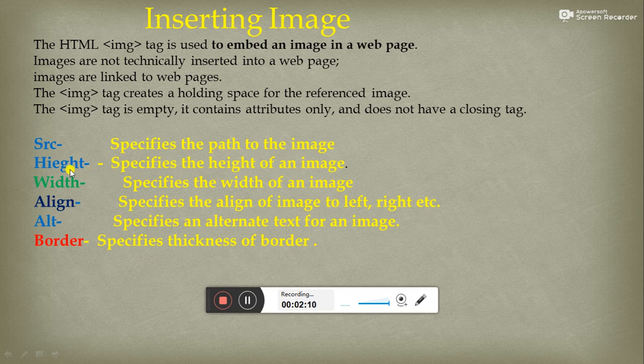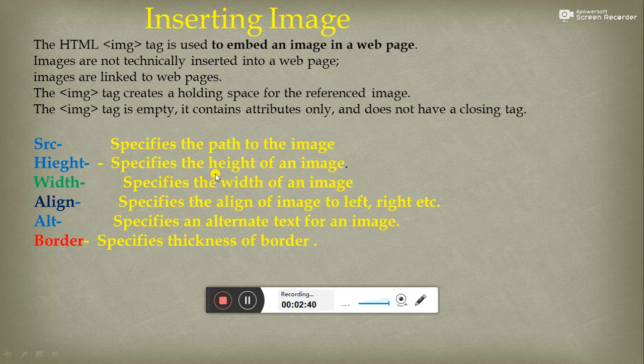The first and main attribute of the image tag is SRC, called source. It specifies the path to the image. Where you have stored the image, you have to specify here the complete address of the image. Next one, the height attribute.